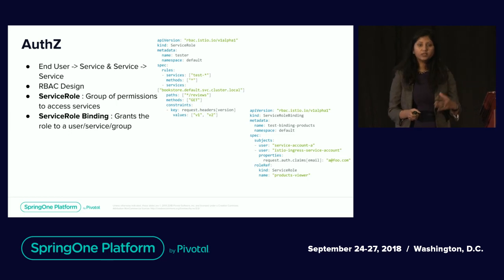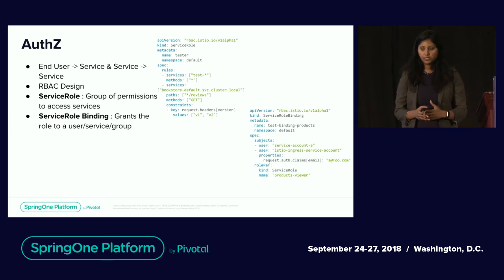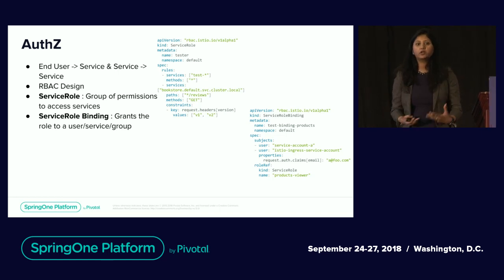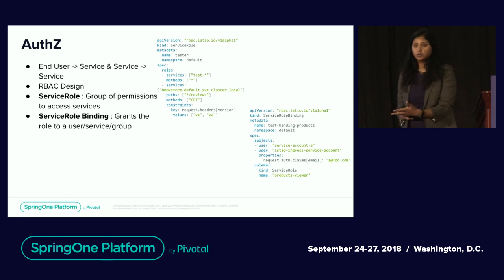Beyond the basic service authorization that I talked about, there is more finer-grained authorization that you can perform for both an end user and a service interaction. When you talk about authorization, you can go with two kinds of models.